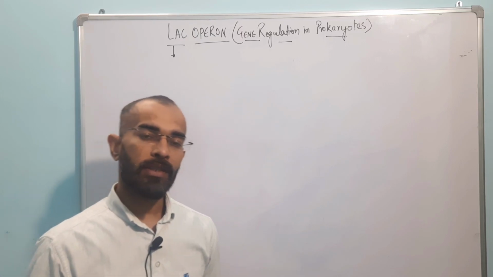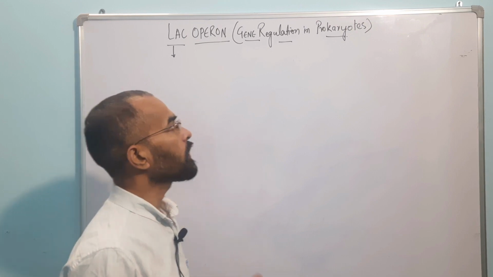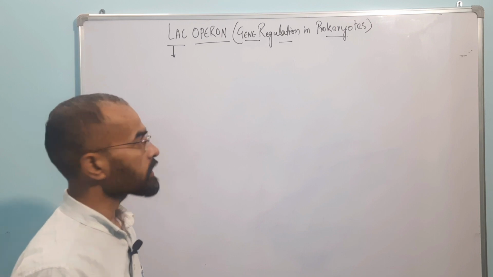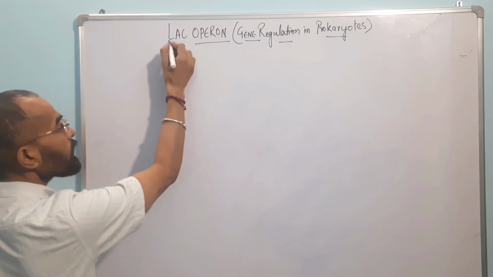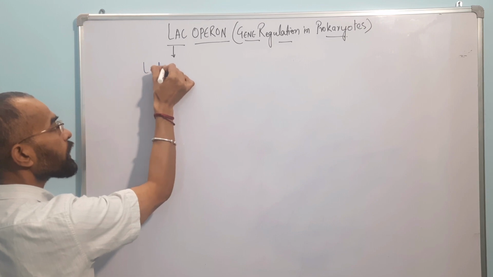We are here to discuss the topic lac operon, which is a critical example of gene regulation in the case of prokaryotes. So let us discuss the lac operon. The lac here means lactose, okay?